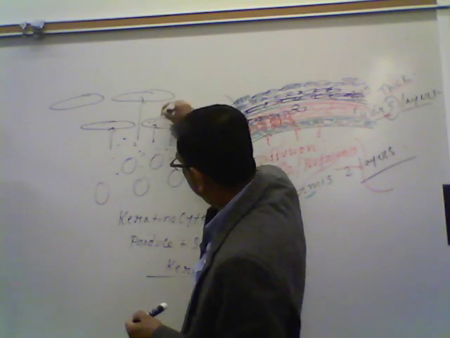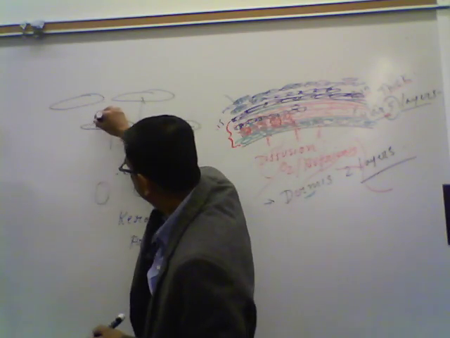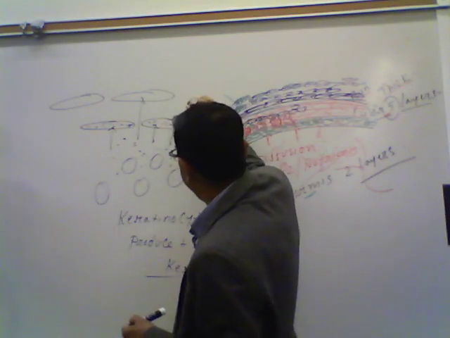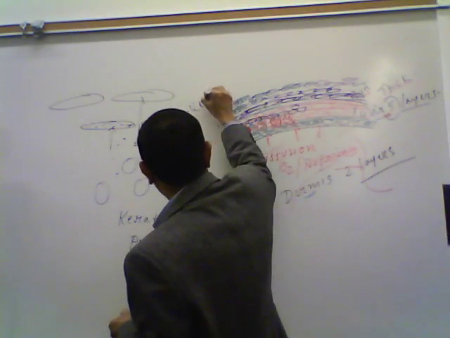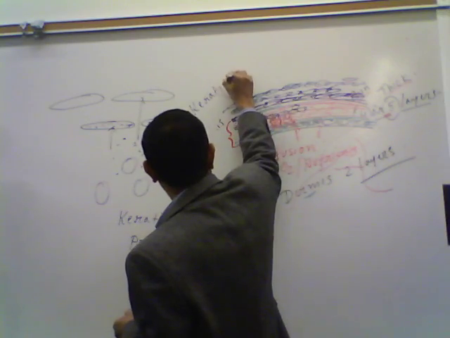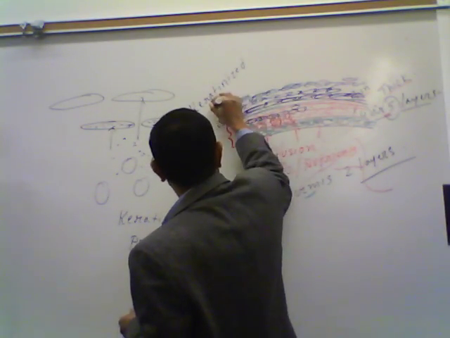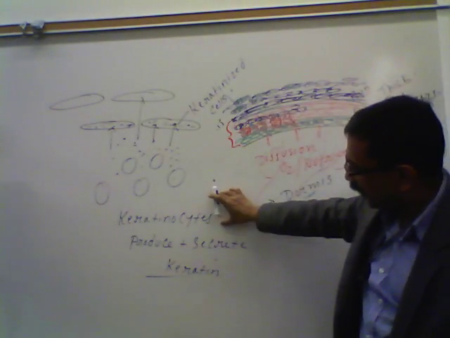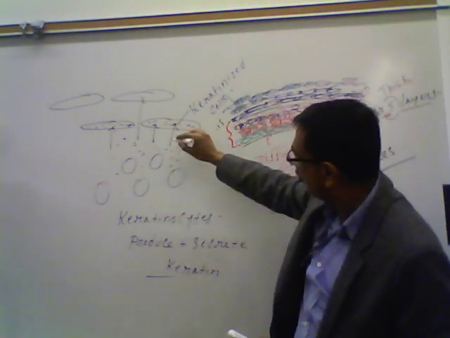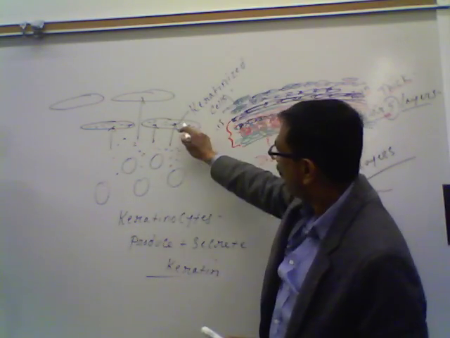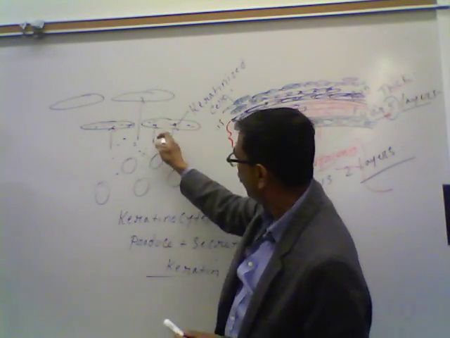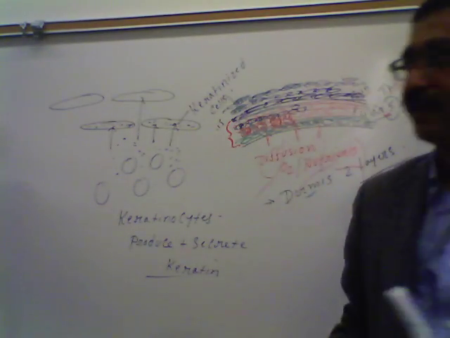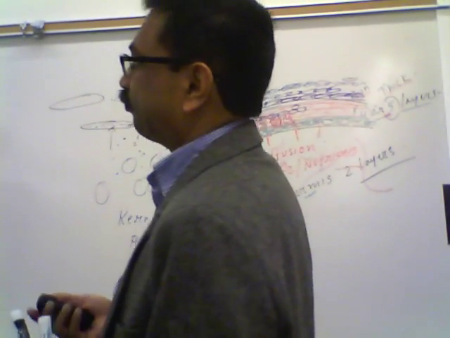Now these cells are called keratinized cells. So two types of cells you see here. Keratinocytes produce and secrete keratin, and keratinized cells are dead squamous cells that get filled with keratin. So remember that the difference is there.